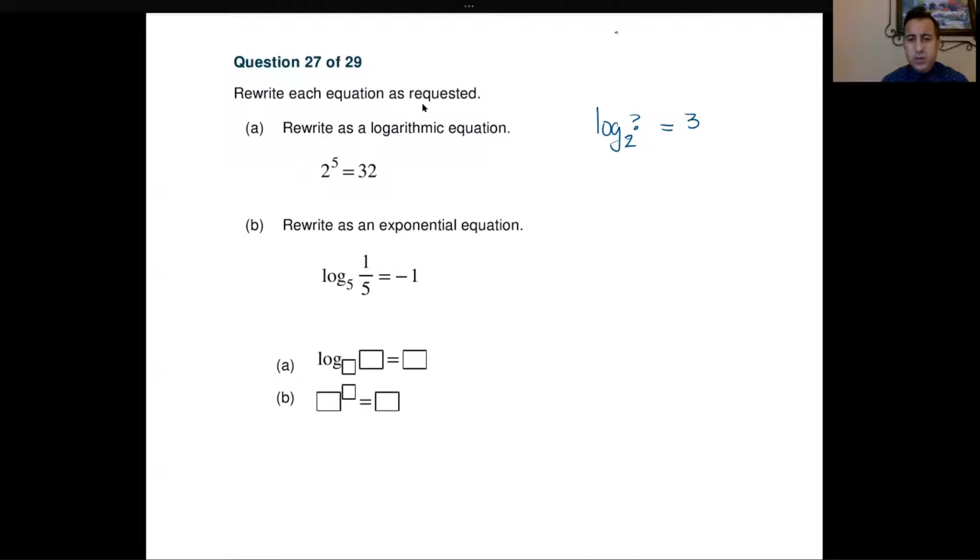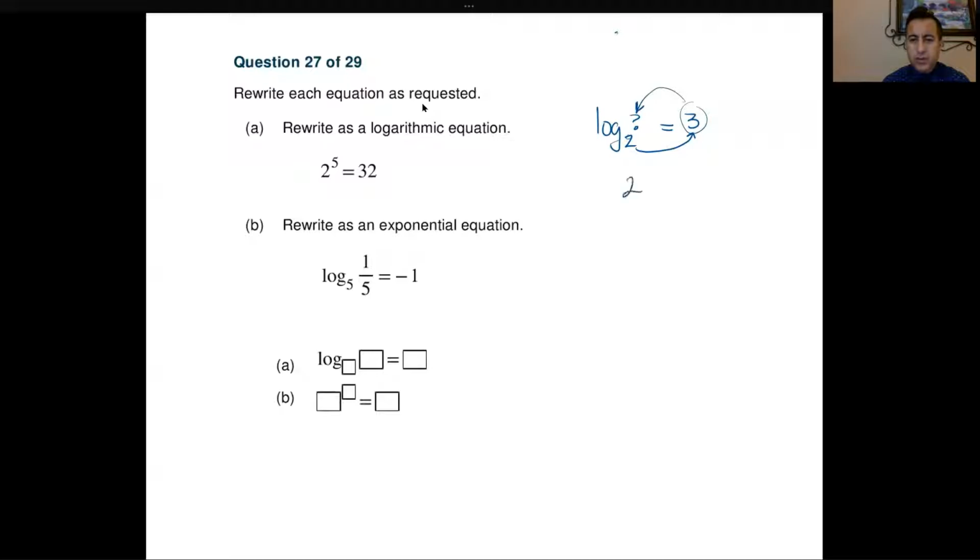So if this exponential form, so 3 equal to this log form right here. So it's kind of this thing here is some type of exponent. So 2 to the third power equal to some argument here.